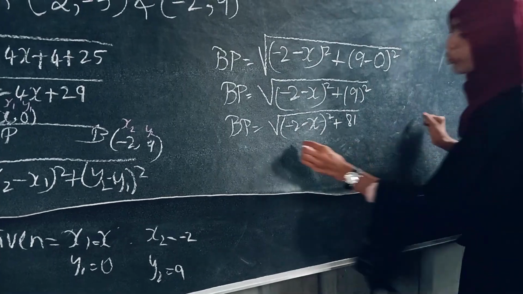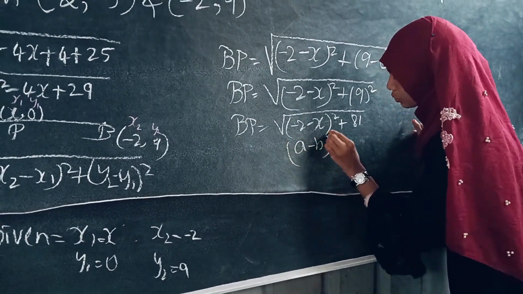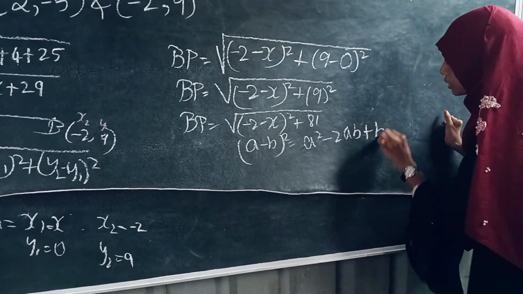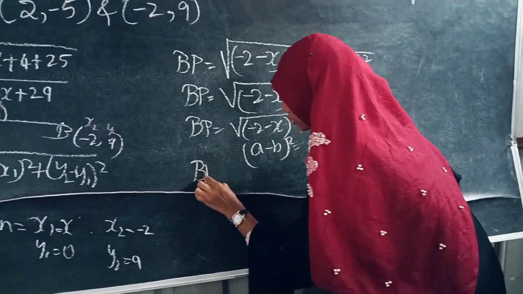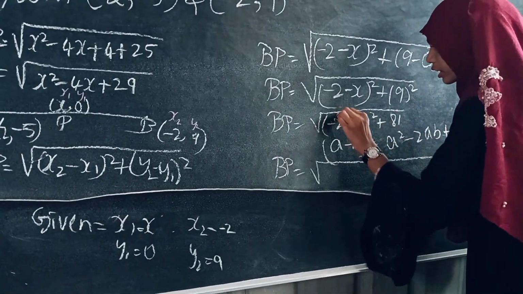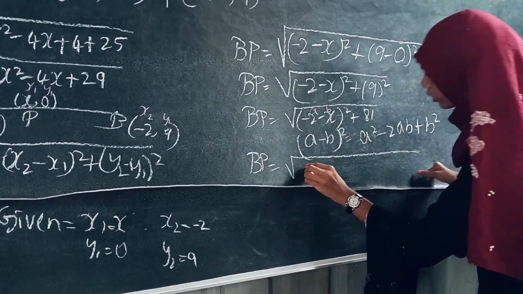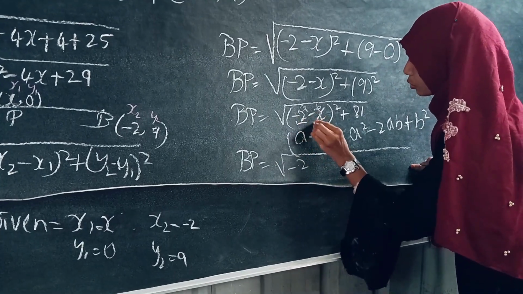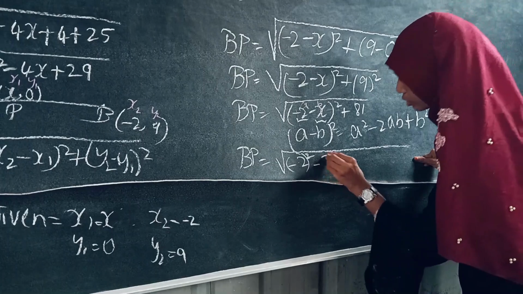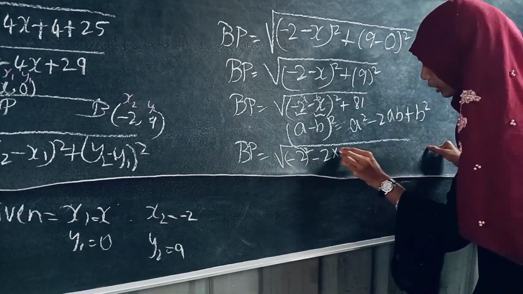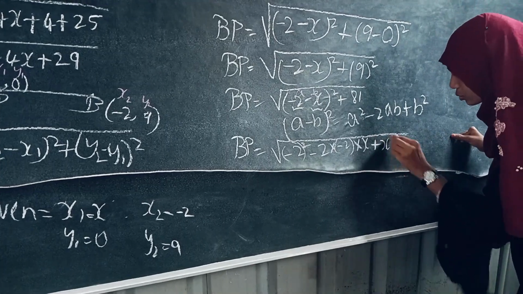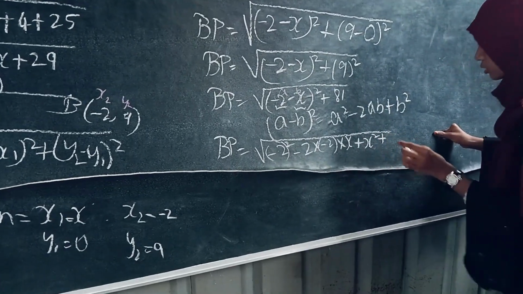This is in the form of (a minus b) whole square, which is a square minus 2ab plus b square. So BP is equal to root of minus 2 whole square minus 2 into minus 2 into x plus x square plus 81.